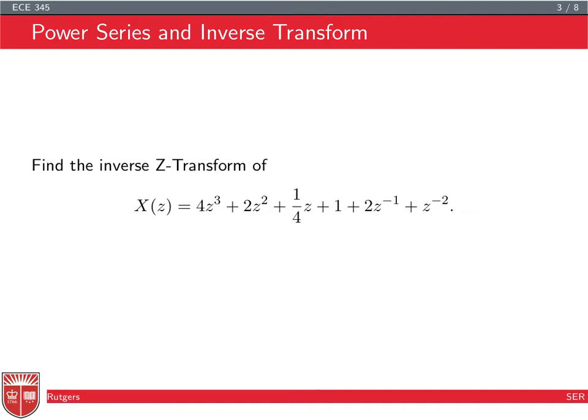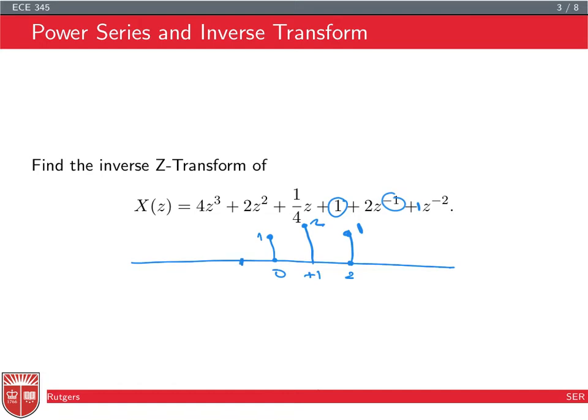So the signal here is the following. I'm going to draw it here. At 0 the value is 1, and at n equal to 1 the value is 2, and at n equal to 2 the value is 1, because it's 1 here, and then you can work your way backward also.